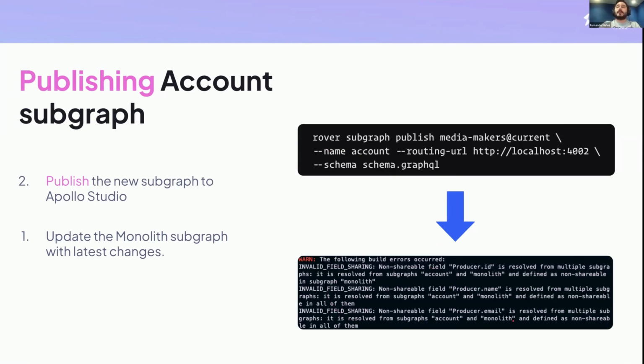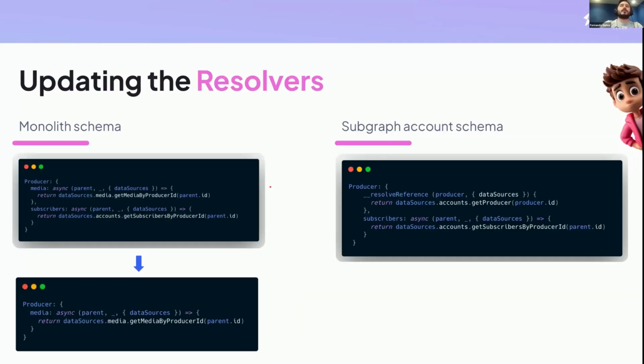We are going to have an error saying that we have non-shareable fields, like the name or all the attributes from the producer. This is because we haven't first published the monolith subgraph, where we have these fields defined, and we haven't published the latest changes where we remove those fields. So that's why, intentionally, I put the order: first update the monolith subgraph and then update the new account subgraph. So with that, we are good to go with the subgraph.